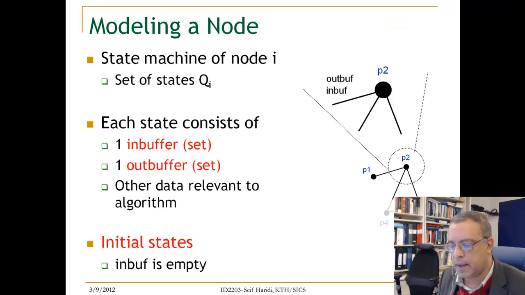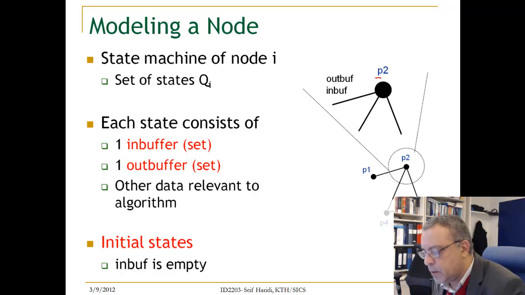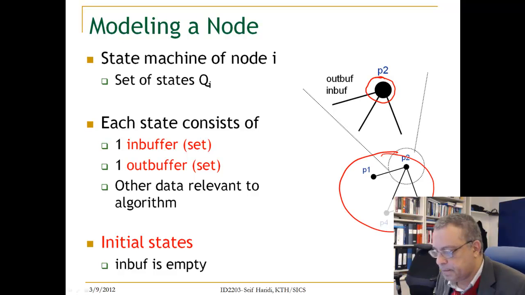When we model a node in a distributed system, this node communicates with its neighbors. So there is also a notion of channels connected between this node and the neighbors. So we can think of a node in a system like this one as having an input buffer.